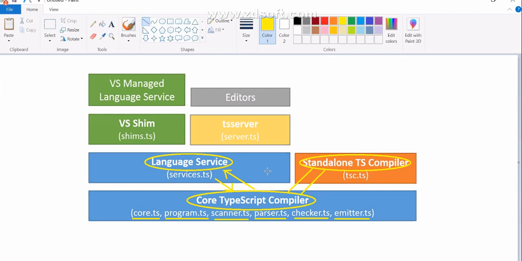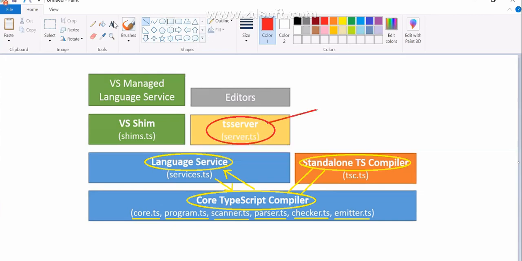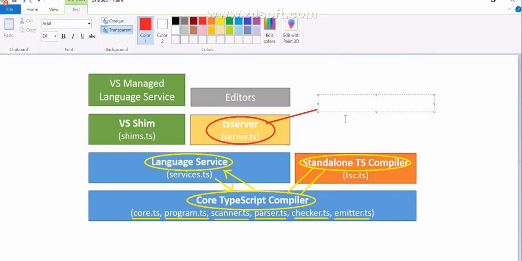A server is responsible for managing tasks. Here, the TS server is responsible for loading your programs, compiling your programs, and processing the programs, which means execution.